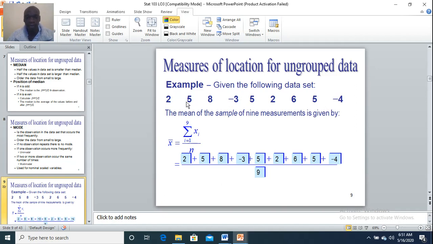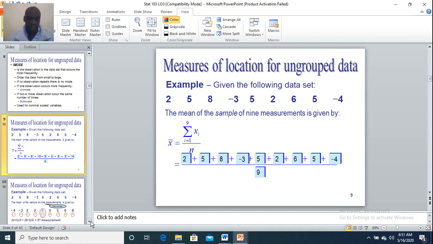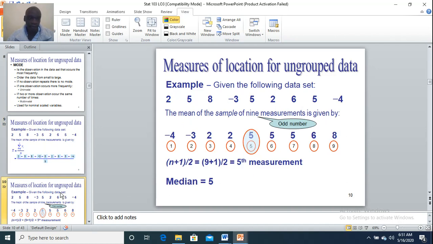So it's 2 plus 5 plus 8 plus minus 3 plus 5 plus 2 plus 6 plus 5 plus minus 4. How many are there? 1, 2, 3, 4, 5, 6, 7, 8, 9. So we divide by 9. Then we get the answer. That will give us our mean.